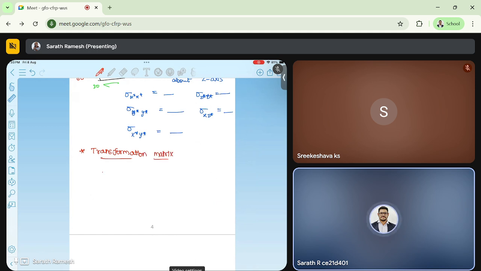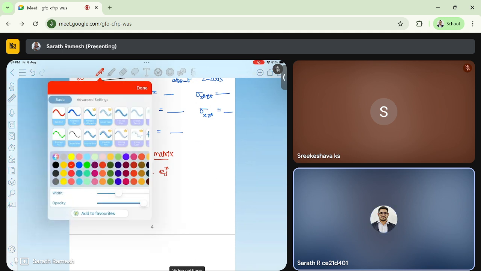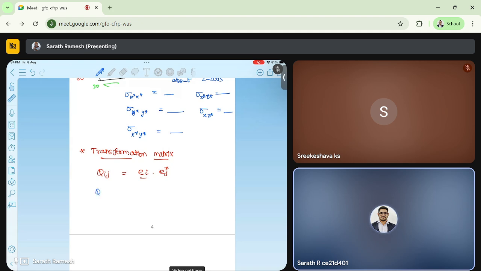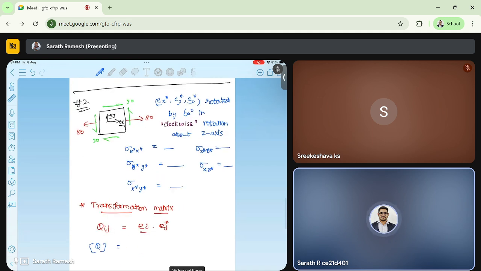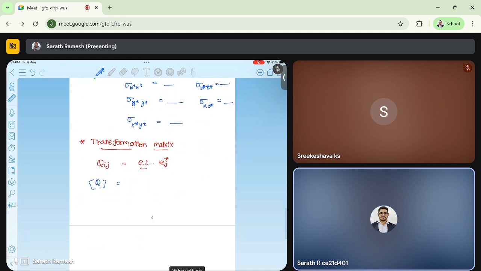So the transformation matrix was Q, which was equal to EI dotted with EJ star. This is QIJ, right? QIJ is EI dotted with EJ star. Now, what would it be? Q in a matrix form, here same rotation: cos theta.